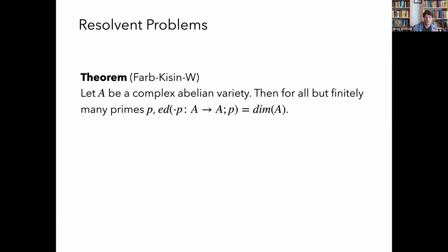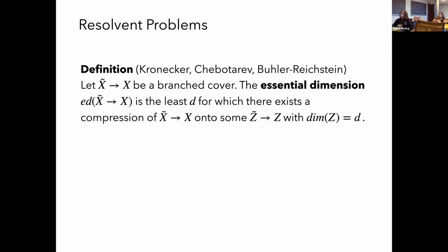All right. So we can restate the theorem, the theorem I stated at the beginning. If you have a complex abelian variety, then for all but finitely many primes, its essential P dimension, or the essential P dimension of its P isogeny cover, is the dimension of the abelian variety, is max, right? If you look back at the definitions, the essential dimension is no bigger than the dimension of X itself.